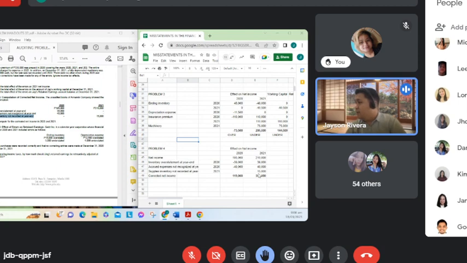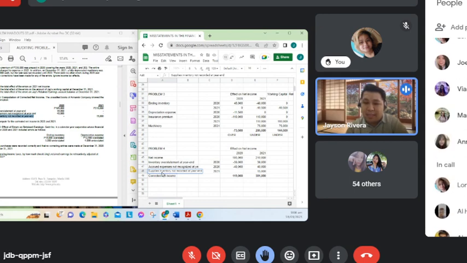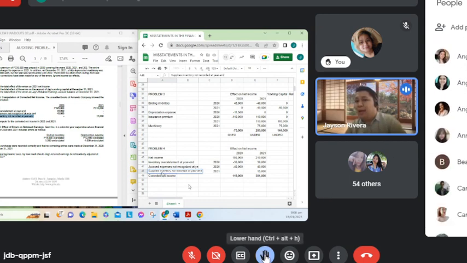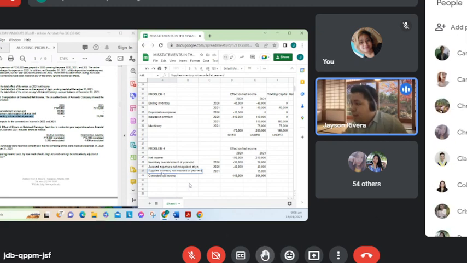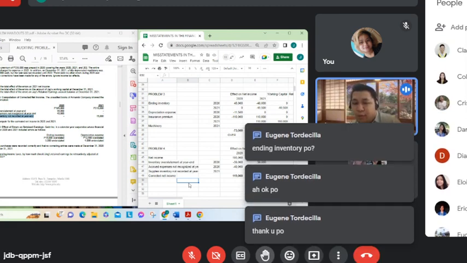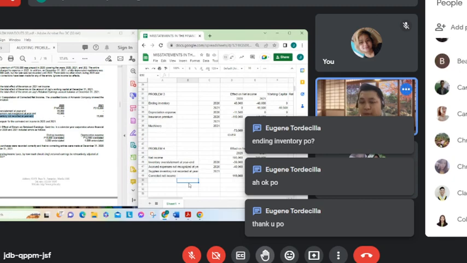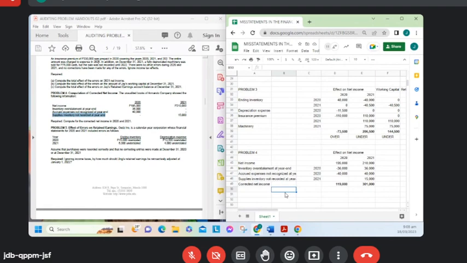How did it become understated for the supplies? So ending supplies inventory, right? Not recorded. It means supposedly there should be an ending inventory. Yes, ending inventory. So your ending inventory is understated. So that will result to overstated cost of sales.